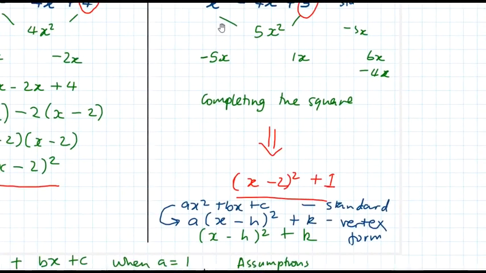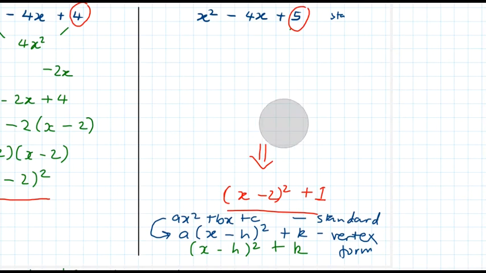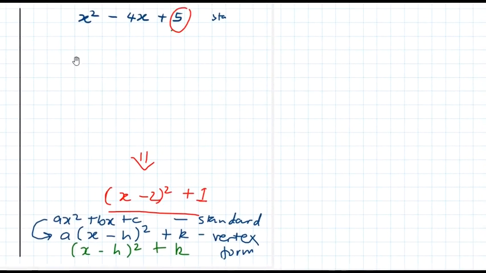We'll do those examples, but now let's apply this process to finally complete the square for x squared minus 4x plus 5. To complete the square, we don't have to go through the process of finding factors. First we have to make sure that the coefficient of x squared is 1.